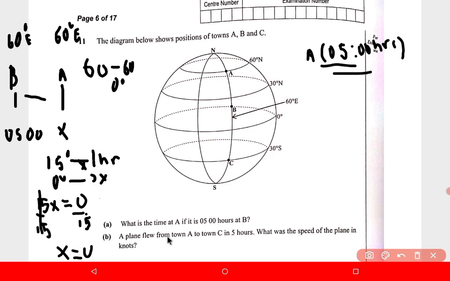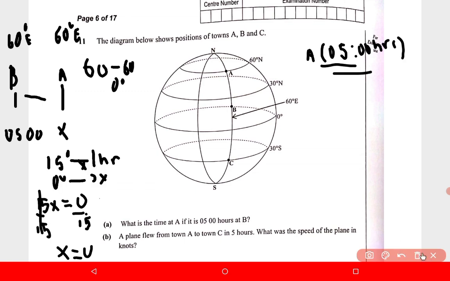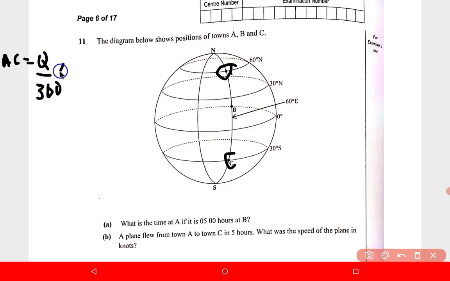Then B, a plane flew from town A to town C in 5 hours. What was the speed of the plane in knots? Okay, this particular question he hasn't given us much information. First of all, we should find the distance from A to C. So we call it distance AC is equal to theta over 360 times 2 pi r.